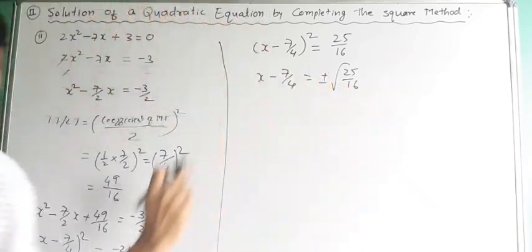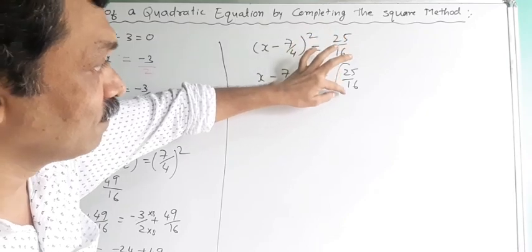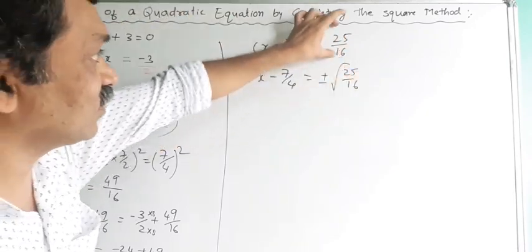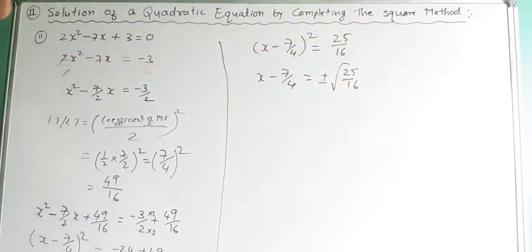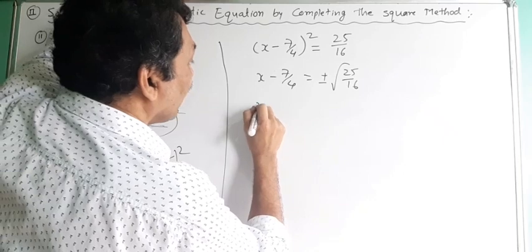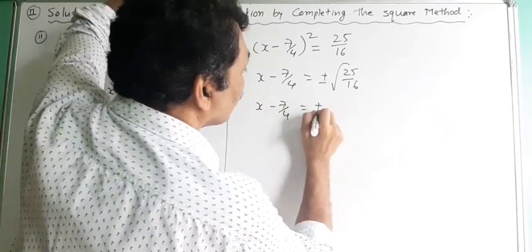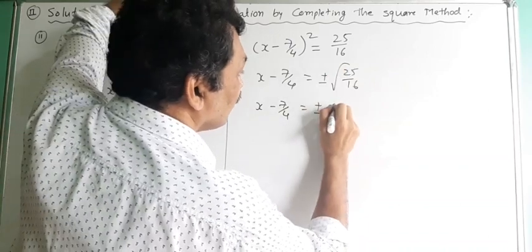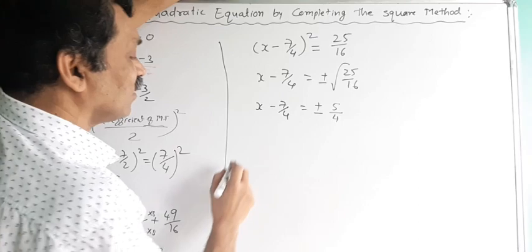I have told you the reason why we take plus and minus: plus 5 upon 4 the whole square will give us 25 upon 16, and minus 5 upon 4 the whole square also will give us the same term, and therefore we take plus or minus. So x minus 7 upon 4 is equal to plus or minus 5 upon 4, since root of 25 is 5 and root of 16 is 4.